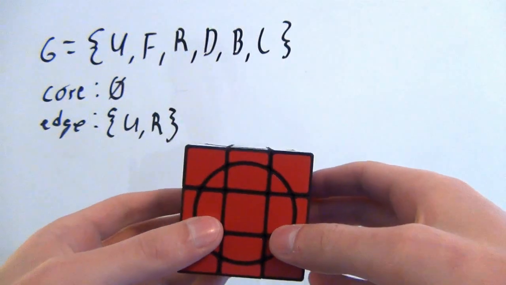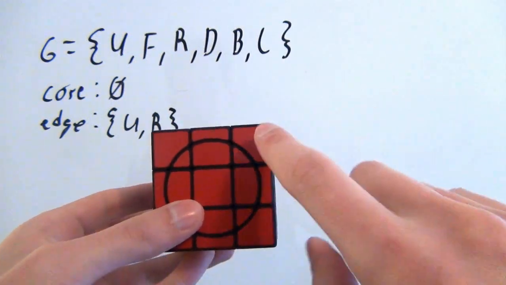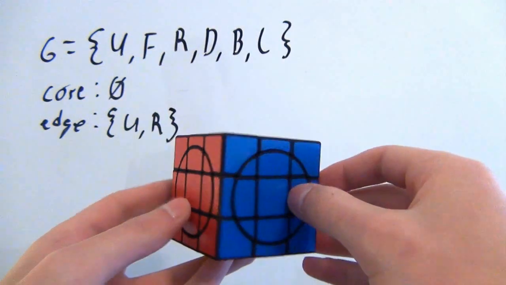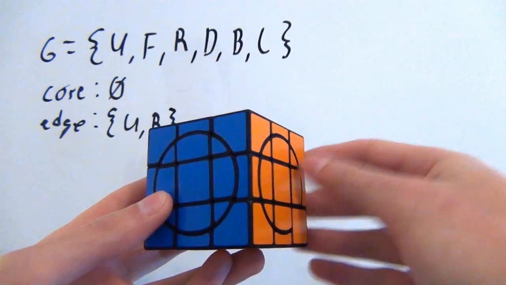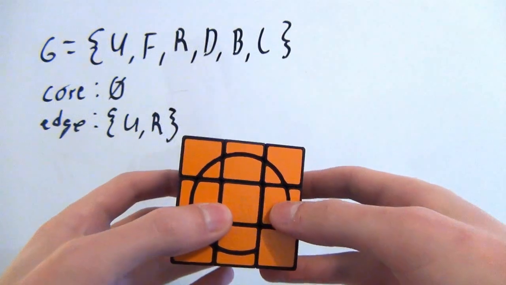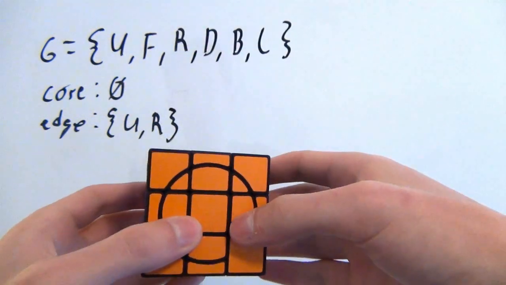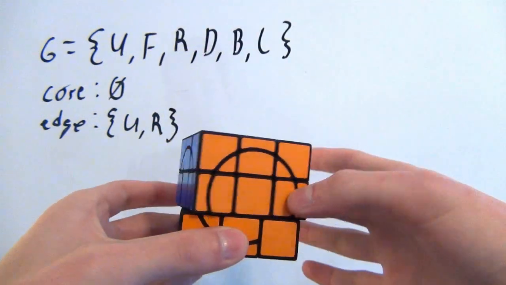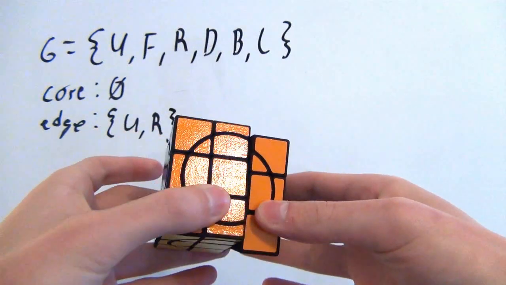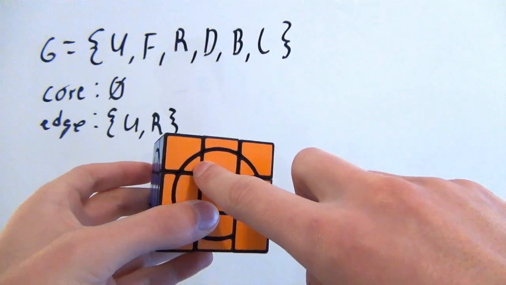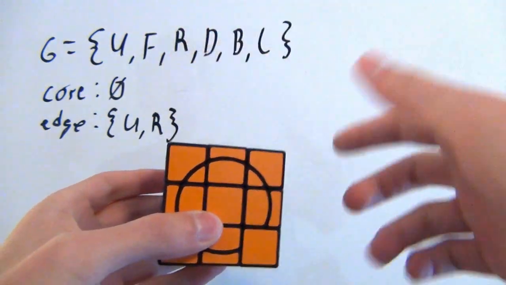Pretty crazy. Now another thing we can look at is the triangle piece on the opposite side of the puzzle. Now why would we want to look at this? Well, just to see what happens. So let's try moving those grips again. If we move U, yep, this piece moves. And if we move R, yeah, this piece also moves. So far it seems to behave the same way.